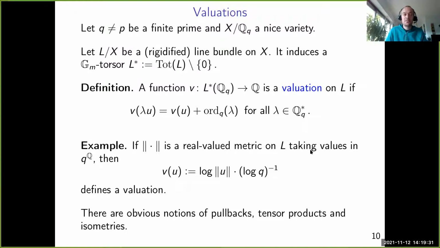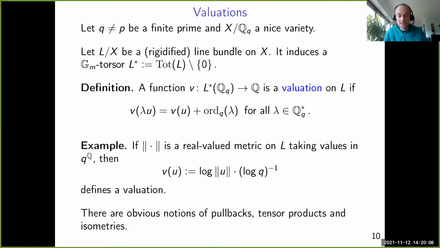So if you start with a real valued metric, which takes values in Q to the Q, so the values should be of the form Q to the A, where A is a rational number, then I can actually get a valuation as follows. I take the logarithm of the norm of U, and then I just make this number rational by dividing by log Q. This seems kind of contrived, but it turns out that this actually works.